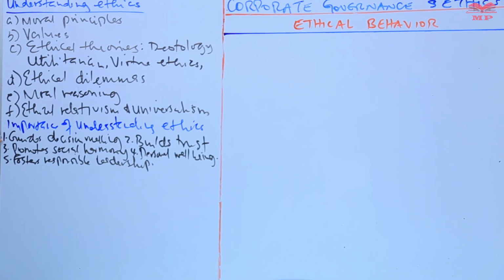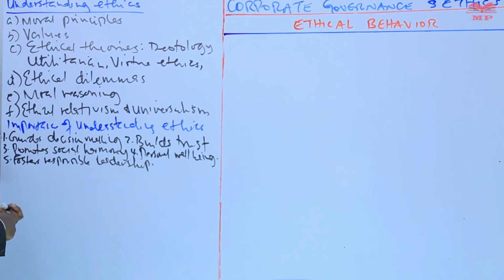One, it guides decision making, it builds trust, promotes social well-being, promotes personal well-being, it fosters responsible leadership. Now, by understanding these key aspects of ethics, we can develop a stronger moral compass and make more informed and responsible decisions that can contribute to our own well-being and the well-being of others.